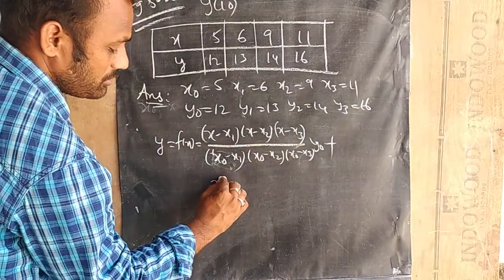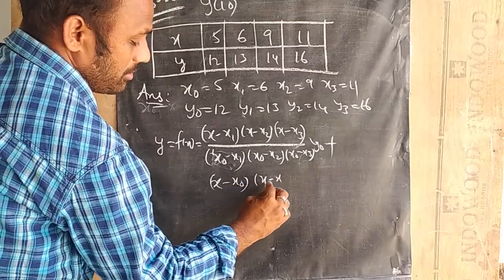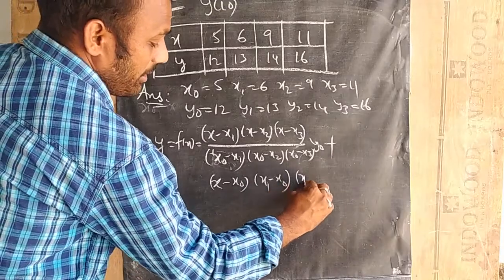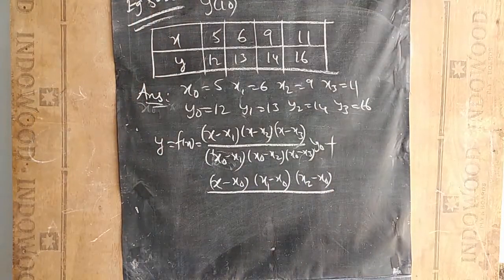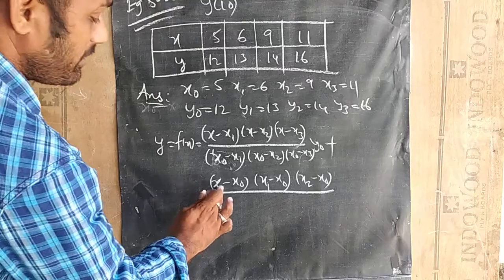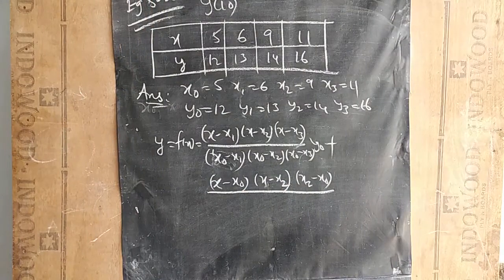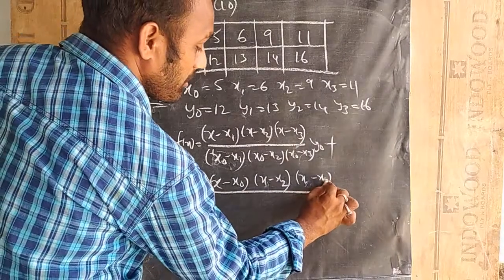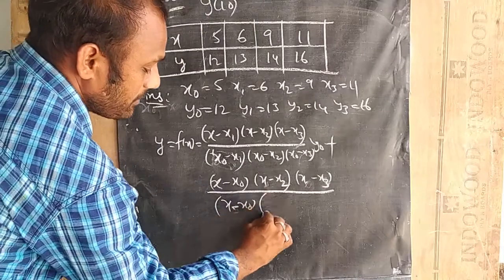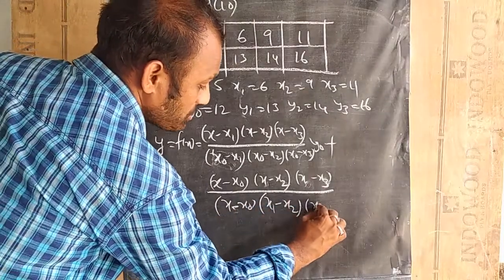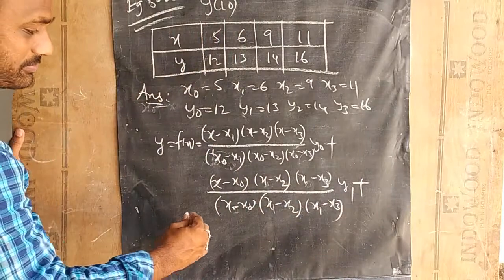The second term: x minus x0 into x minus x2 into x minus x3, divided by x1 minus x0, next x1 minus x2, x1 minus x3, into y1, plus.